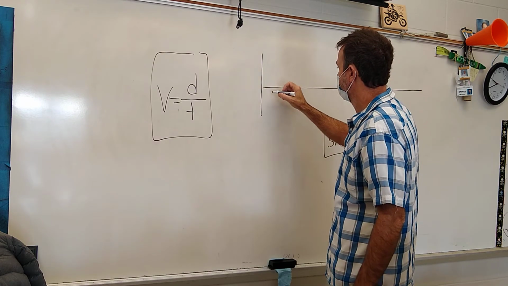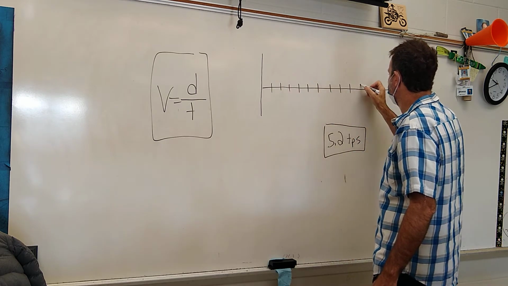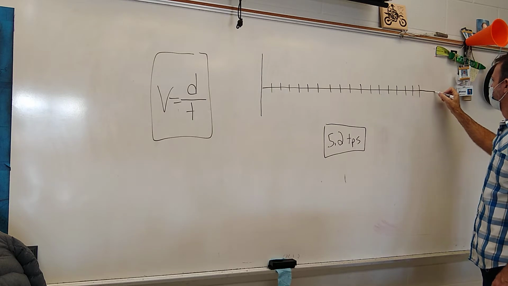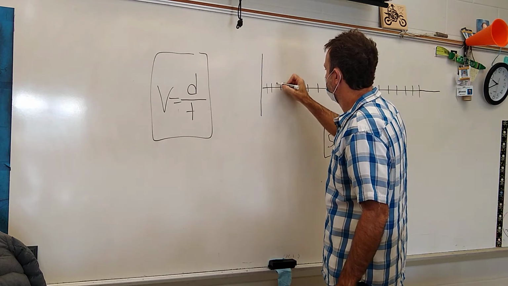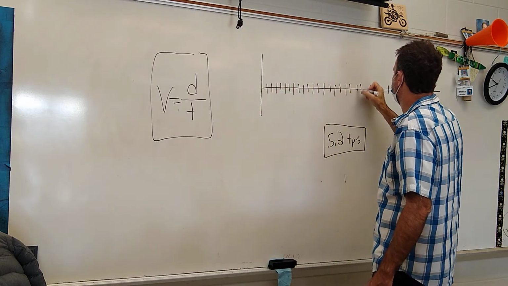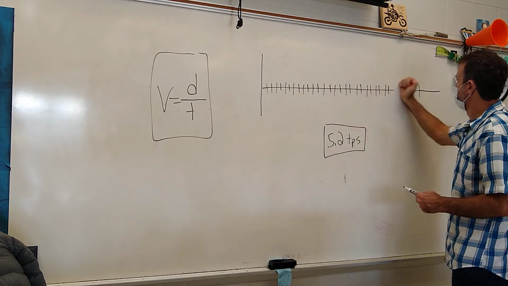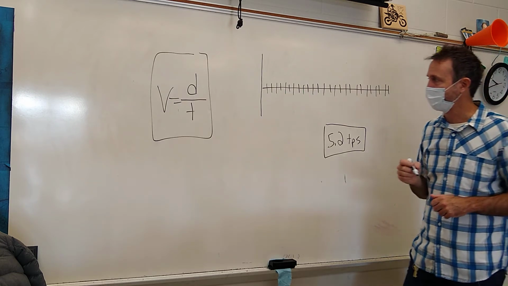So check this out. 1, 2, 3, 4, 5, 6, 7, 8, 9, 10, 11, 12, 13, 14, 15, 16, 17. Let's double these up. 2, 4, 6, 8, 10, 12, 14, 16, 18, 20, 22, 24, 26 tiles. All right. So there's 26 dashes on here.